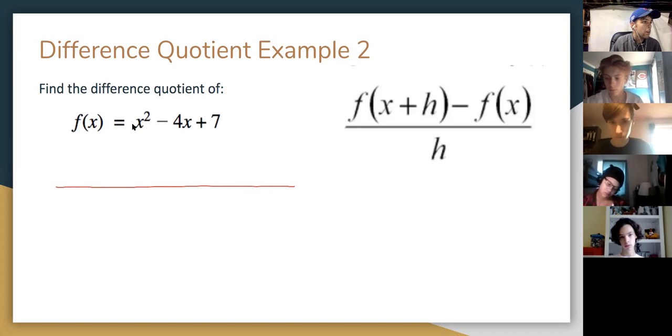Okay, so for the first part, I'm plugging in x plus h into my function. Okay, so that's that f of x plus h part. And then I'm going to subtract my original function, f of x.